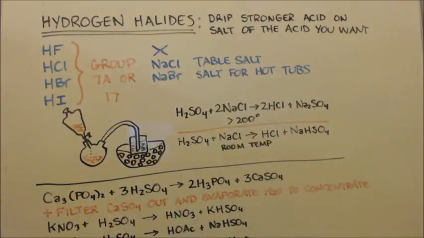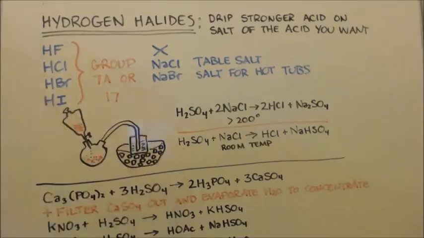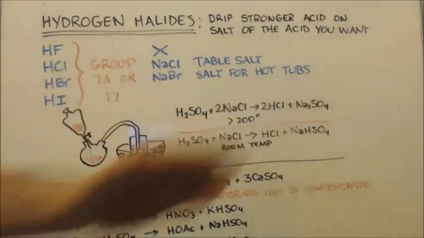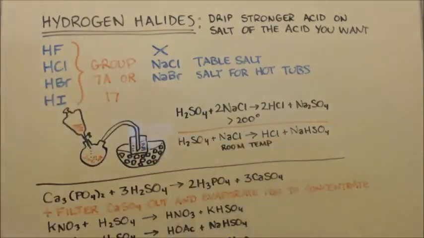So I'm saying temperature has a lot to do with it, especially when you use sulfuric acid, because it's diprotic. It has two protons, and once you remove one proton, this is a crappier acid. You just took a strong acid down to a crappy acid or a medium acid, you know what I mean? So keep that in mind too.